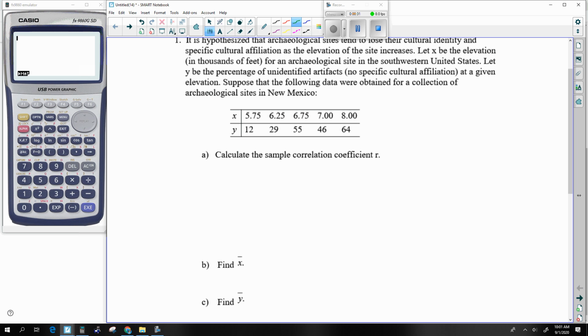So again, the first thing that we actually want to do is I would probably set up my calculator first and foremost.